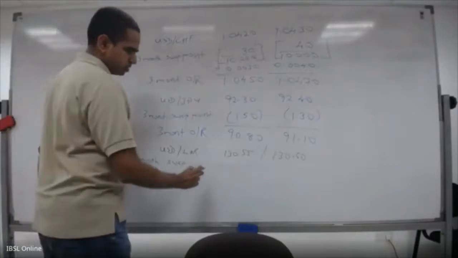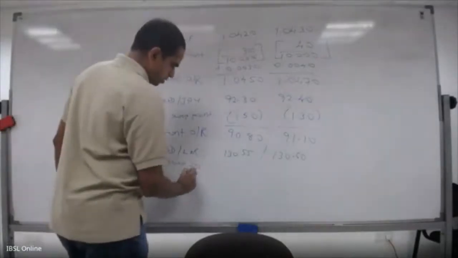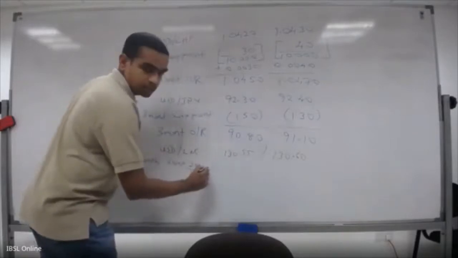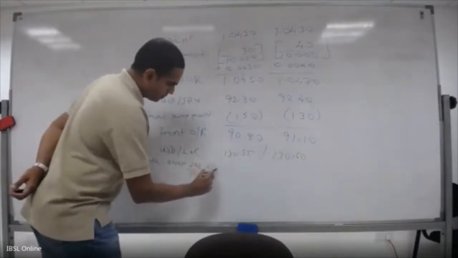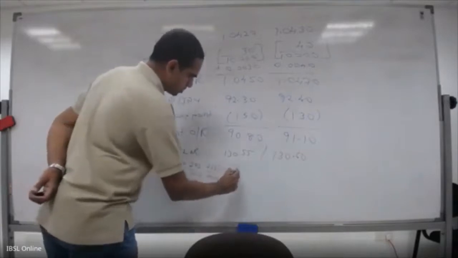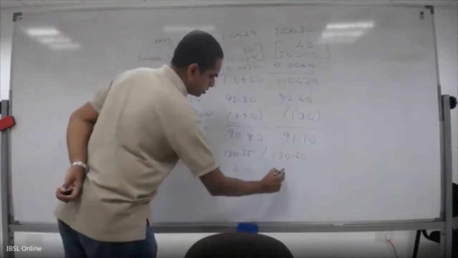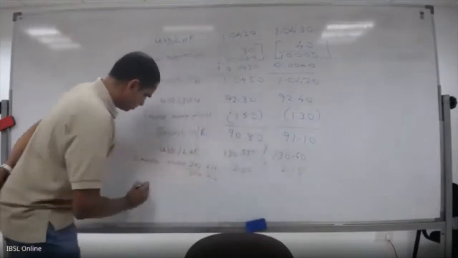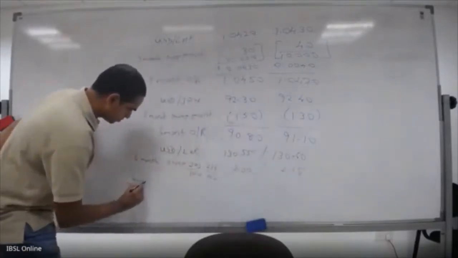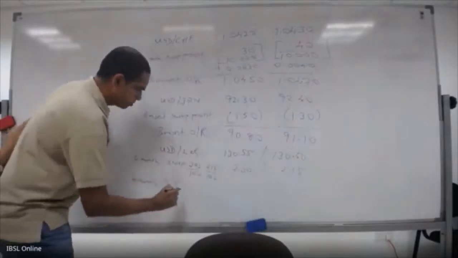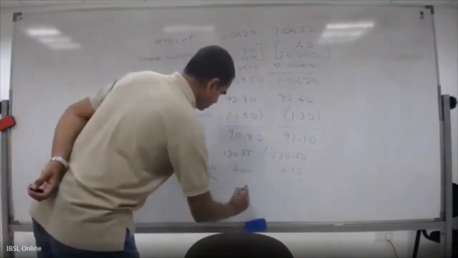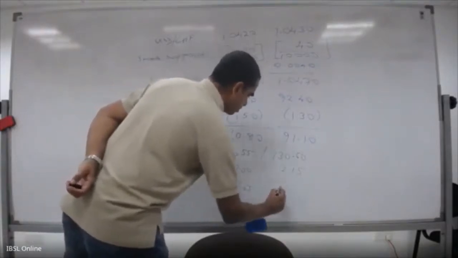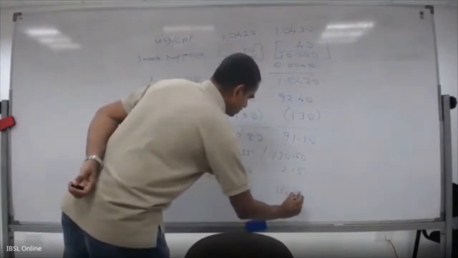So it's actually 200 divided by 100, as there are two decimals. The next one is 215 divided by 100. So this is 2 rupees and 15 cents. The 6 month outright would be 132.55 and 132.75.